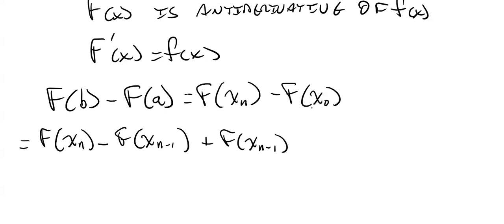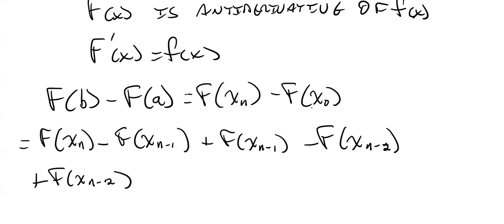And I'm going to keep doing that all the way down. The next one is going to be minus F of x of n minus 2. I'm going to carry over here, plus F of x of n minus 2. Okay, I'm subtracting and adding.